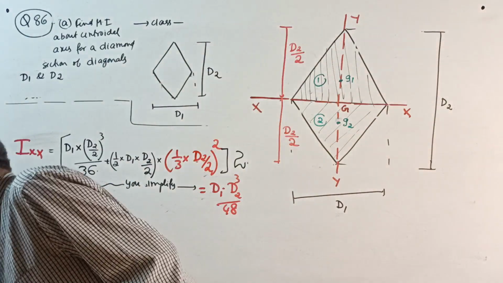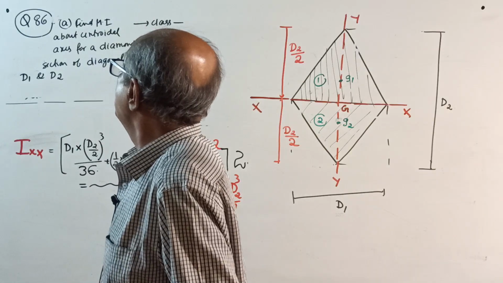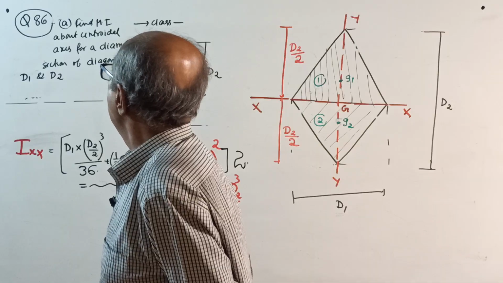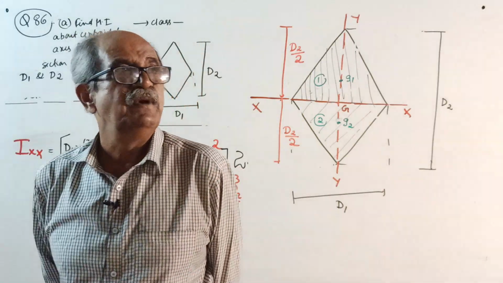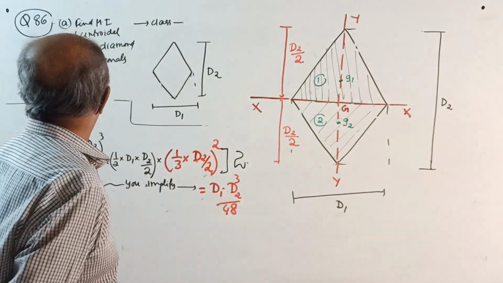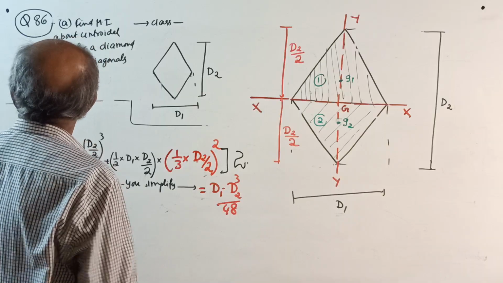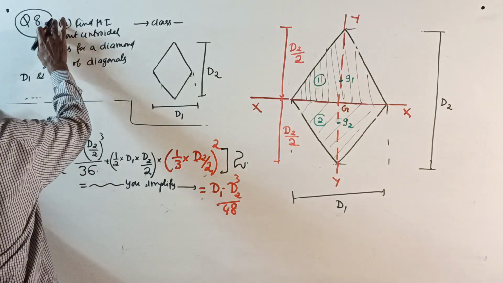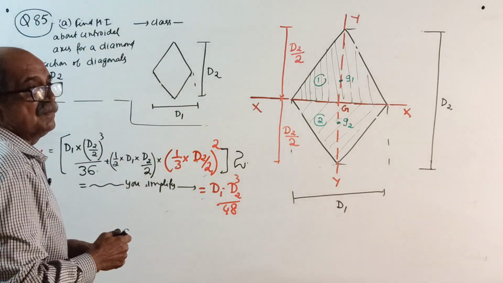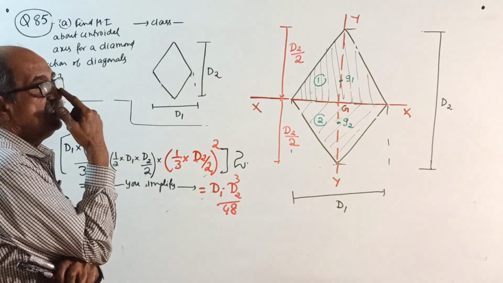Now, question 86. I think it is 85. 1 minute. Last time 84, correct? Last time 84, so it is 85 now, not 86. 85A.